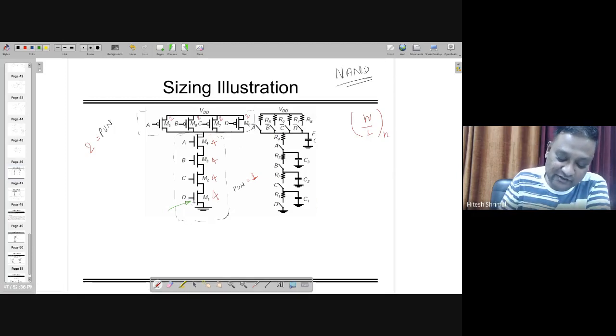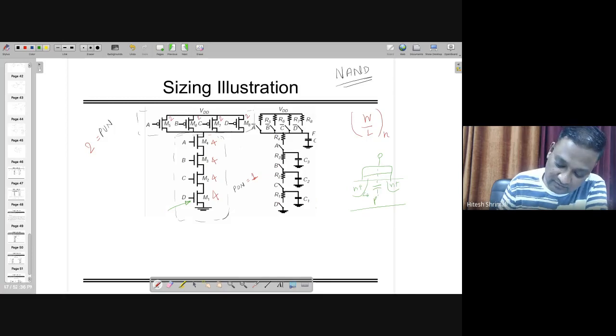So the capacitance is actually, if you remember the whole thing, there will be the bigger Cox, and then other than that, the overlap capacitance. All these things will be visible over here. 2 overlap capacitances, 1 capacitance here, Cox, CGD, CGS.